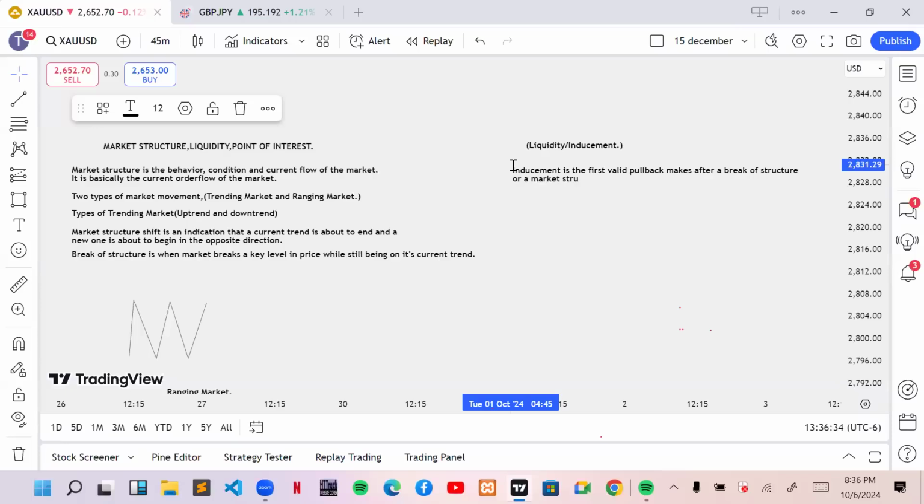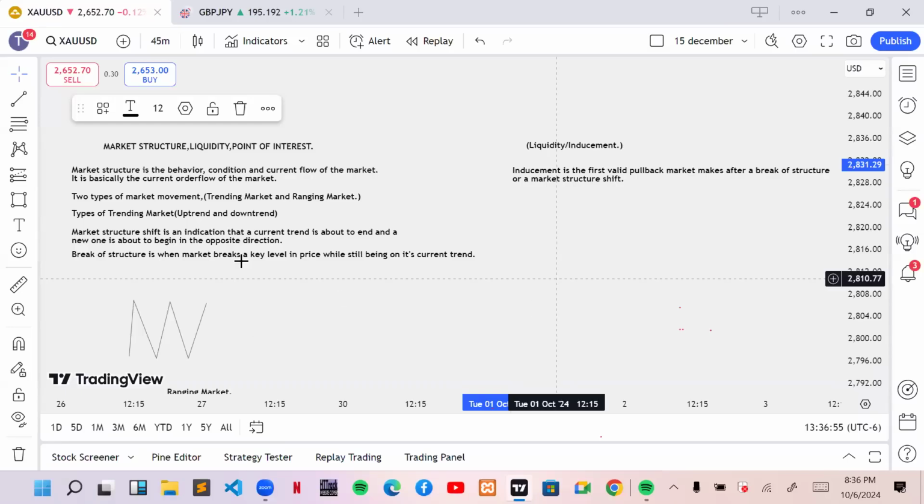That is what my inducement is: the first valid pullback market makes after a break of structure or a market structure shift.